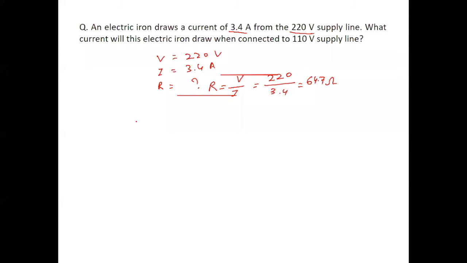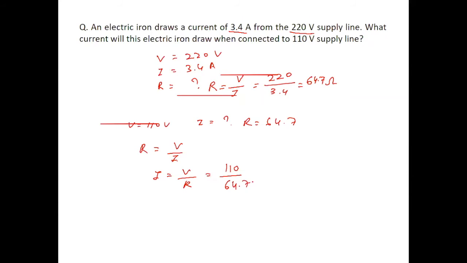Now the resistance of the electric iron is 64.7 ohm. This resistance will now be used to find the current drawn when the electric iron is connected to 110 volt. In the other case it is 110 volt. I we have to calculate and resistance is 64.7. So R equal to V by I, cross multiplication, I equal to V by R. 110 by 64.7.